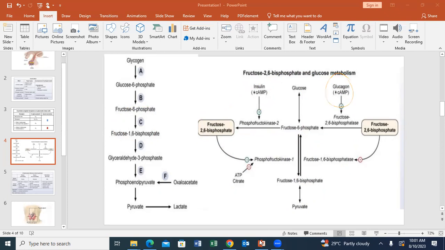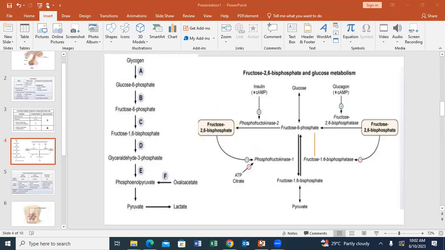But how are they stimulating or inhibiting? By promoting or decreasing the formation of fructose 2,6 bisphosphate. Basically, fructose 2,6 bisphosphate is kind of a second product. If there is more fructose 2,6 bisphosphate, it simply orders: what are you doing?